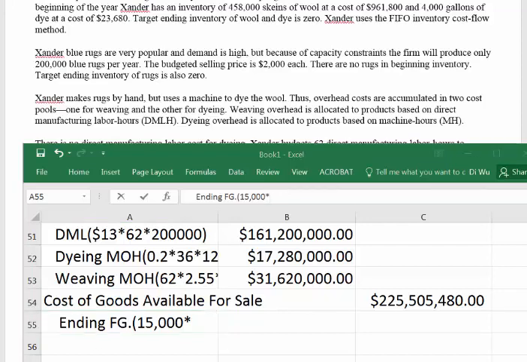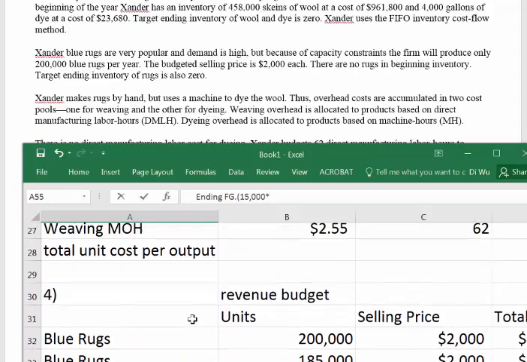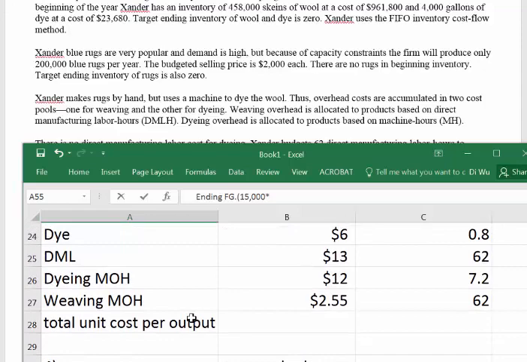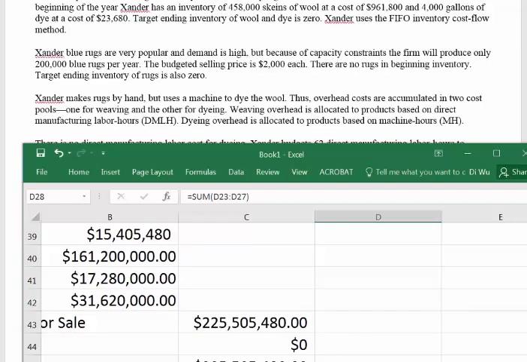The unit cost can be found in basically this question 3. We have finished question 3 already. So the unit cost will be $1,127.30. So I'm going to use that number in my calculation.